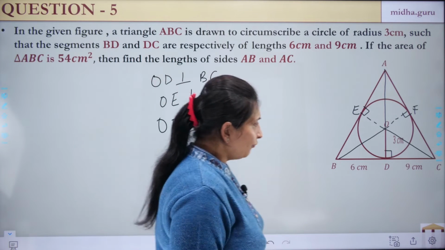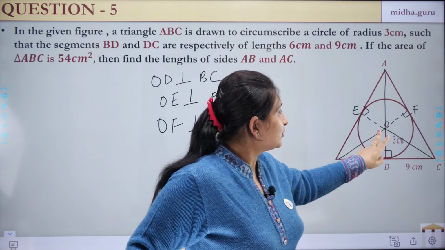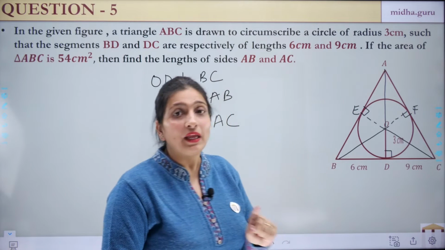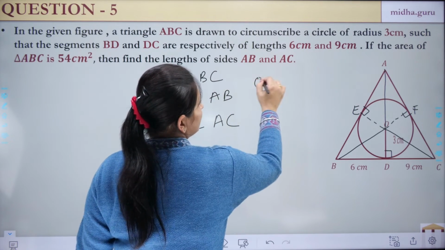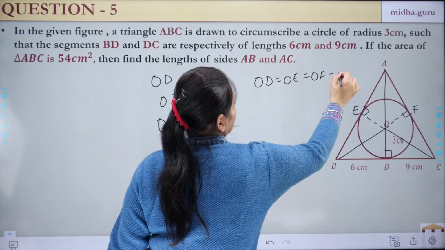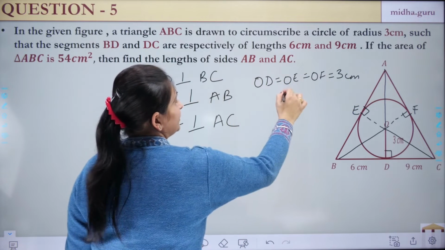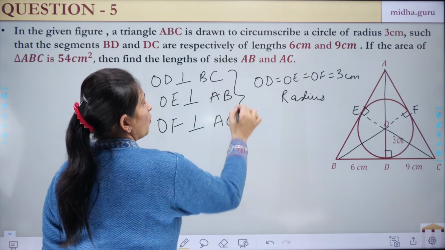Now, these are the radius of the circle. OD is equal to OE is equal to OF, which is equal to 3 cm. So we can note this down. These are the radius, and this is from theorem 1.